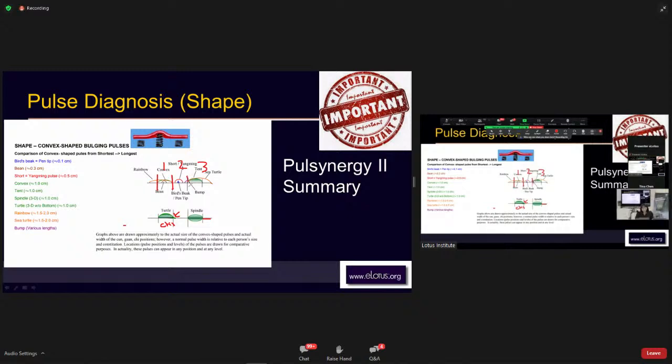Okay, here, what we were trying to do was just compare these two pulses. This is not 寸关尺 down here. This is just to compare a spindle pulse, which is a 3D, and then the turtle pulse has a tail. It's just a comparison of these two pulses. I don't think we meant to put the turtle in the 寸 position because it's never in the 寸 position.